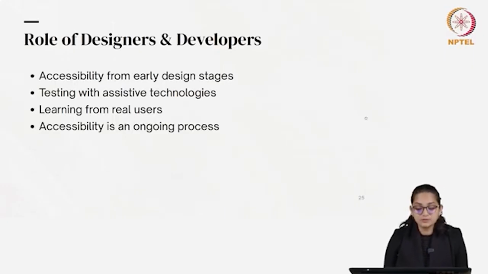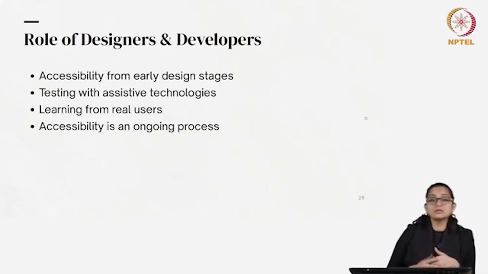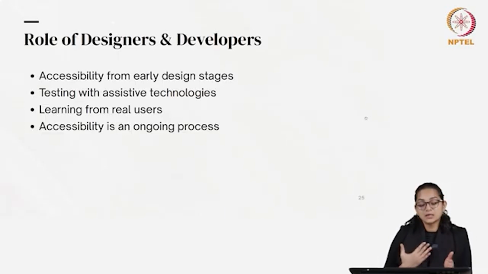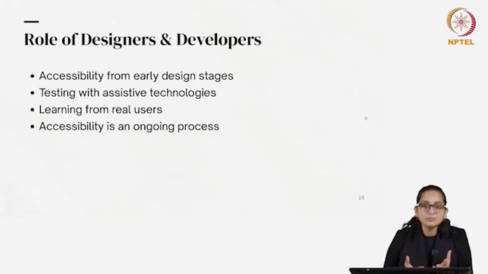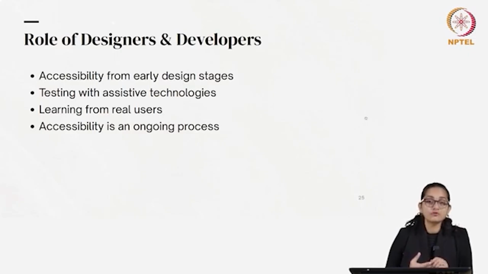Learn from real users, and always remember that accessibility is an ongoing process. Even if your application is passing the accessibility guidelines or success criteria, there may be some aspects of interaction which are getting affected, which can be improved, which comes from user feedback.